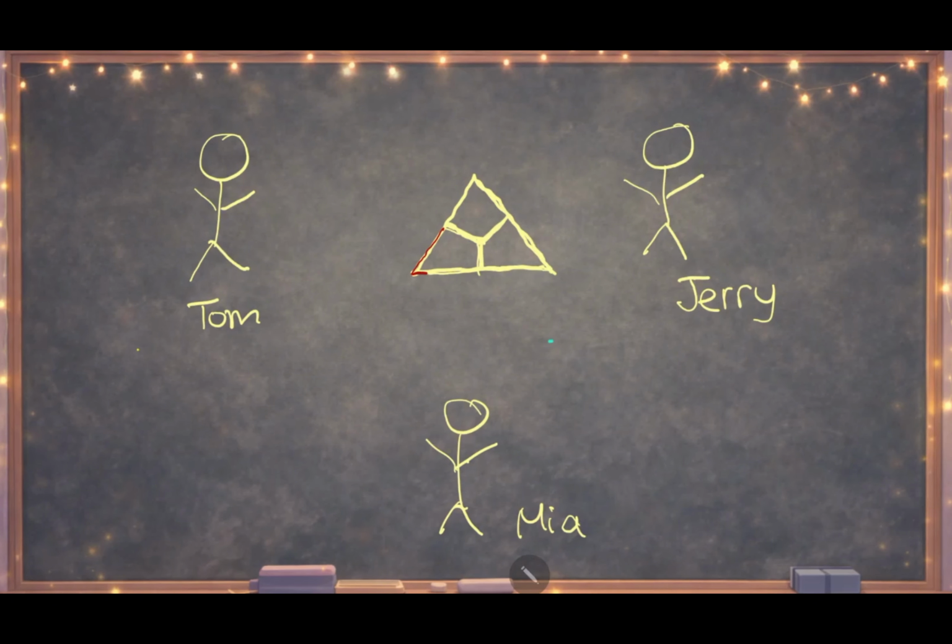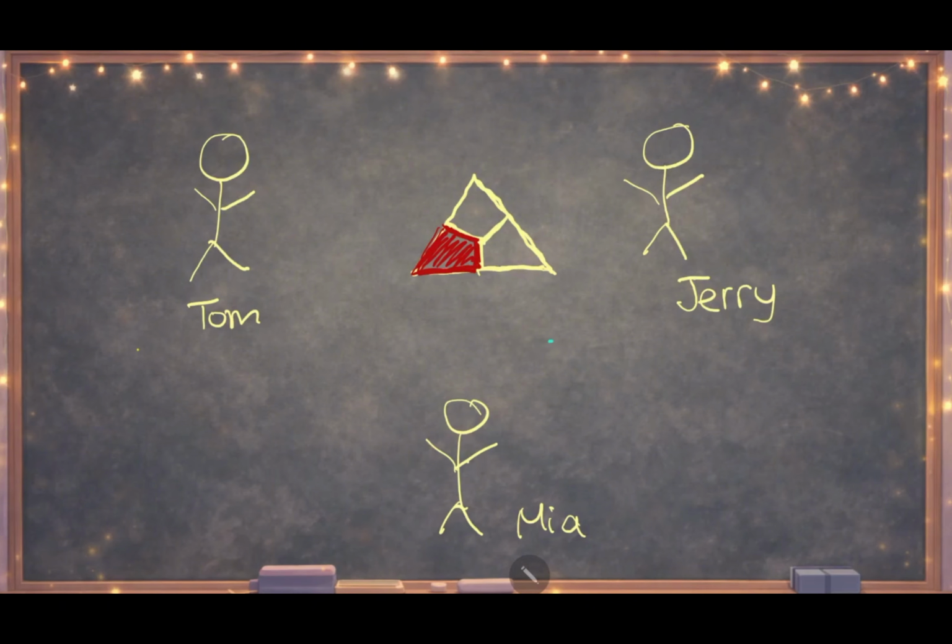Mia is going to have this piece. Do you think you can show the amount of cake Mia had in a fraction? Please pause the video and write it down. As you can see, the cake has been shared equally into 3 pieces.